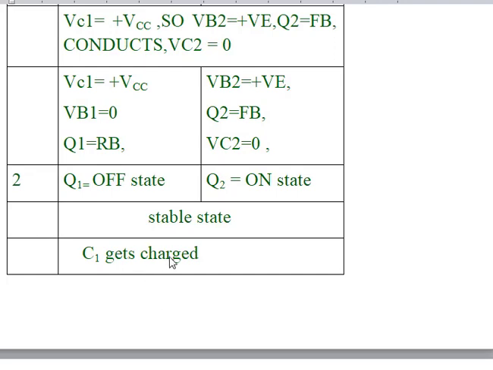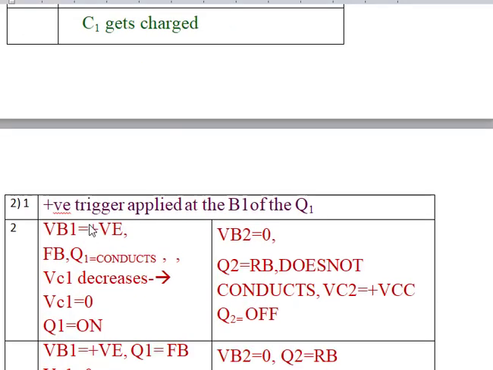Now the C1 gets charged. Now when a positive trigger voltage is applied at the base 1 of the transistor Q1, VB1 becomes positive, so it is under forward bias, so Q1 conducts. When Q1 conducts, VC1 automatically decreases, it becomes 0.